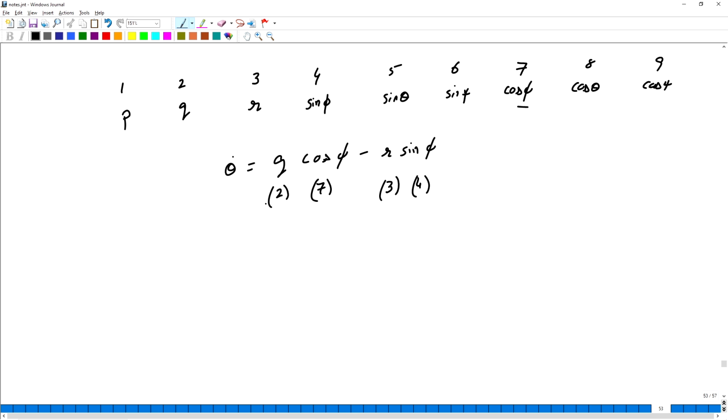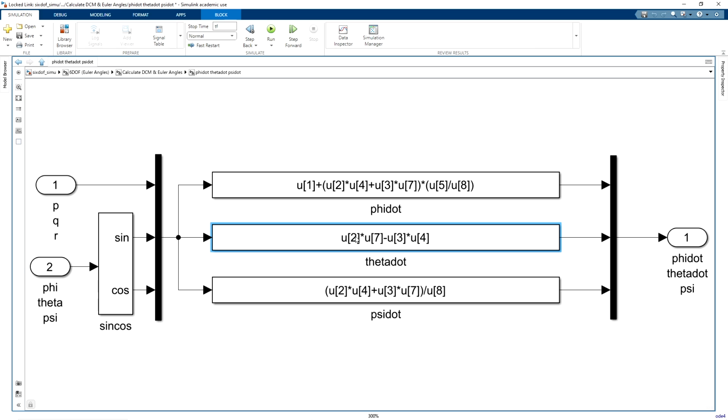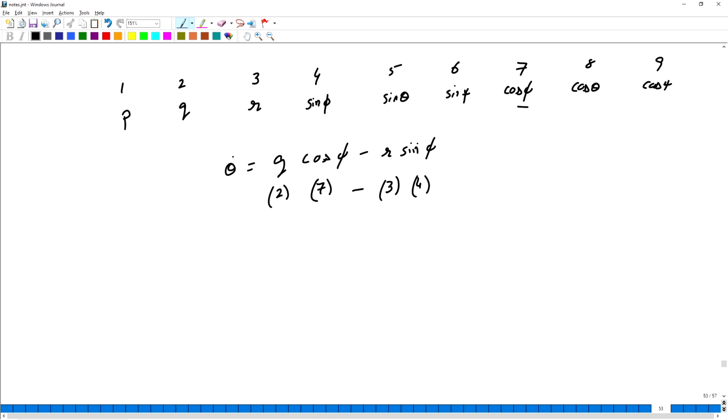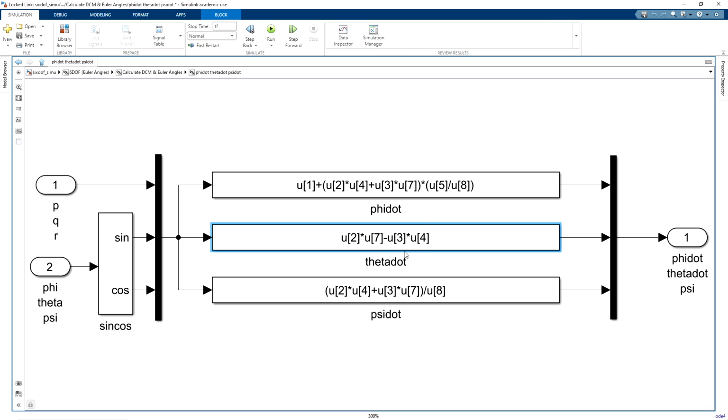So you should have u of 2 into u of 7 minus u of 3 and u of 4. So this is how we check the equations. Similarly, you can check it for phi dot and psi dot.